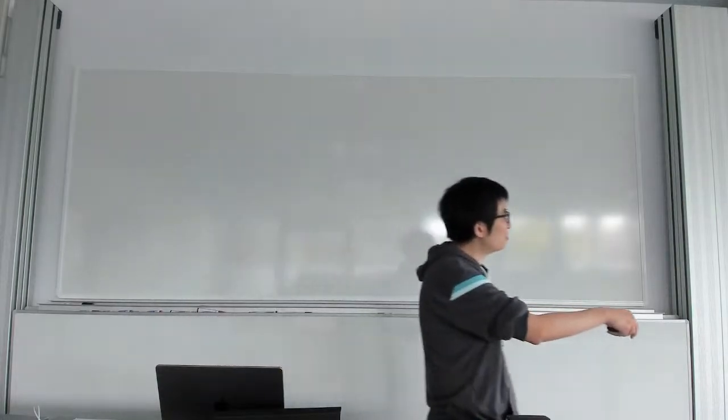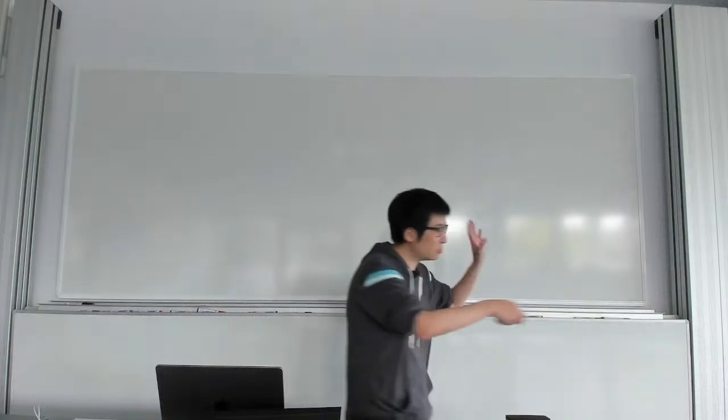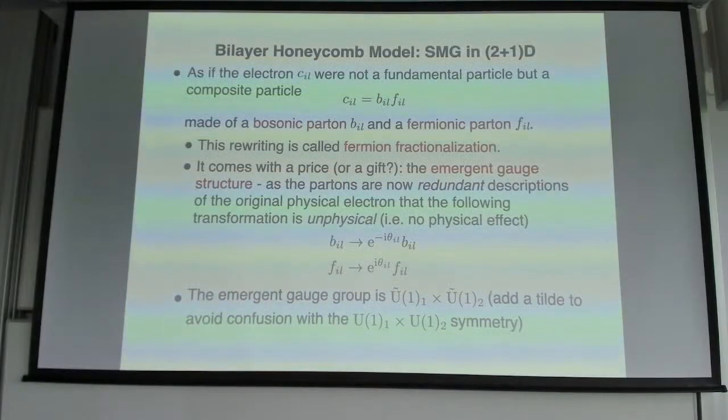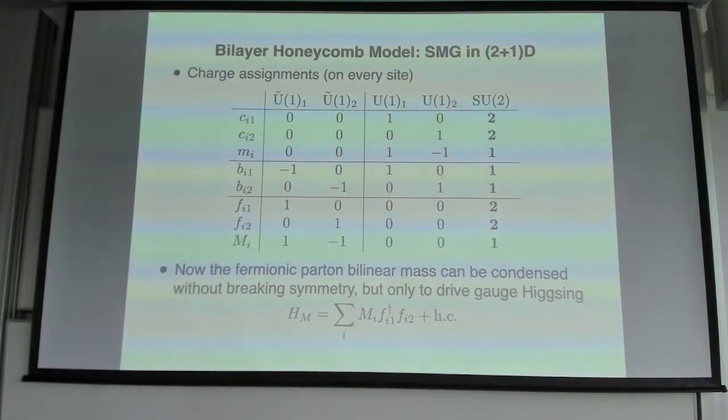Yeah. Okay, so the emergent gauge group is U1 tilde cross U1 tilde. I put the tilde to distinguish that from the U1 plus U1 symmetry. So here is a table of the charge assignment of all the fields that I introduced. So the physical fermion, of course, will be gauge neutral. It will be neutral under all these U1 symmetries, gauge structures.